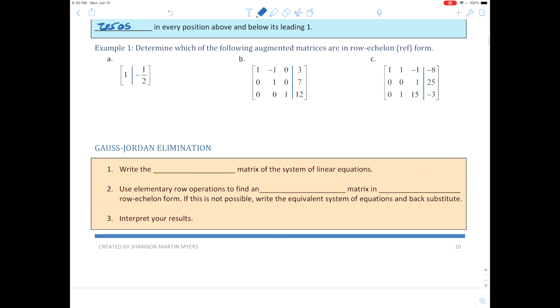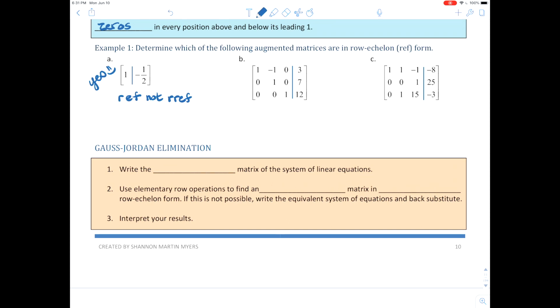It is definitely in REF form, and that's really the only form it can go into, because it's dependent. We can't zero out the negative 1/2. Okay, but the answer is yes, because we were asked about whether these augmented matrices were in REF form. So what about B?